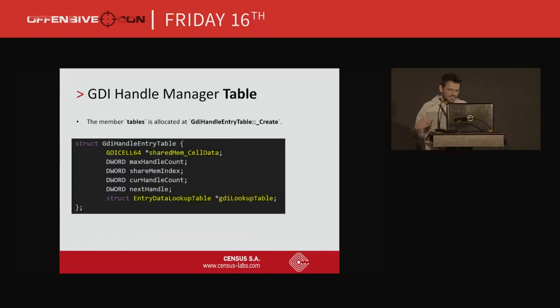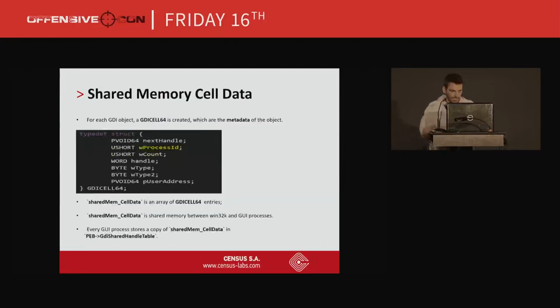Now, the GDI handle entry table is allocated in GdiHandleEntryTableCreate, and it contains 2 notable members. The first one is the shared memory cell data, and the other one is the entry data lookup table. For each newly created GDI object, a GDICELL64 data structure is created, which is actually the metadata for that object. It contains information like which process has created that object.